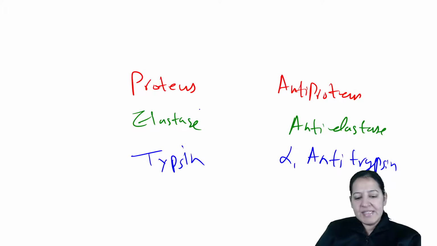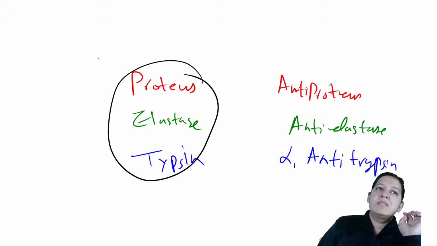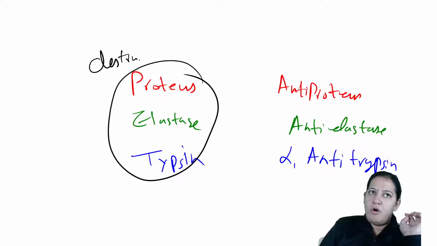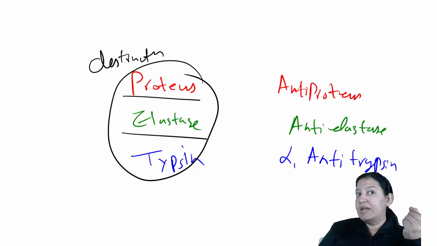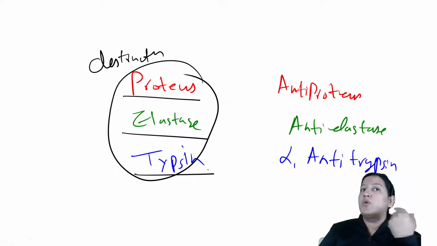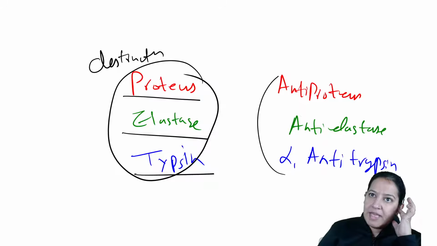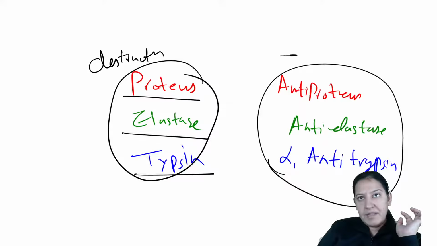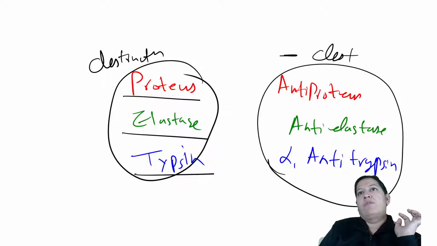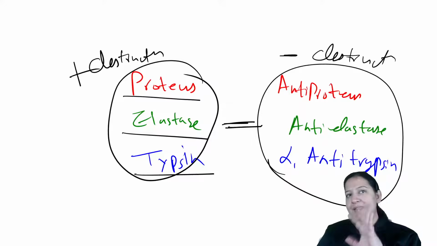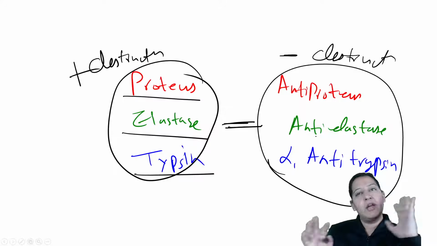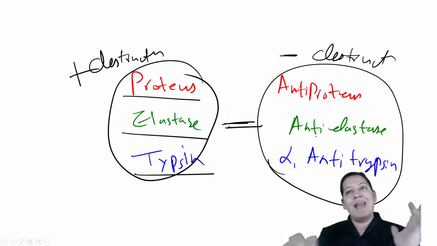So what do these enzymes do? Protease causes destruction of the wall of the alveolus because it degrades protein, it degrades elastin. But antiprotease inhibits the destruction of the wall. Normally their concentration is equal and opposite, so they cancel out each other. In my lung, your lung, in all of us, there is a balance between them.